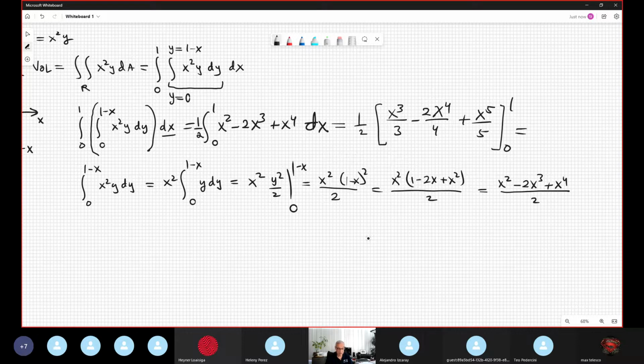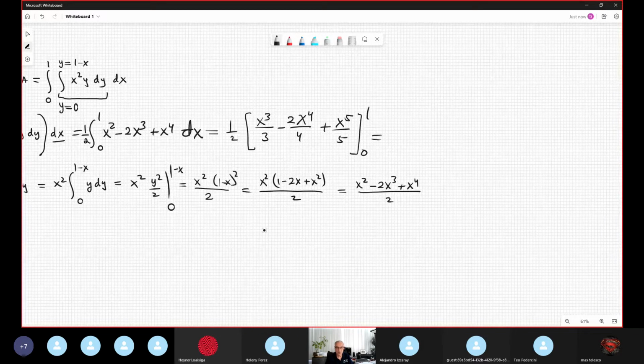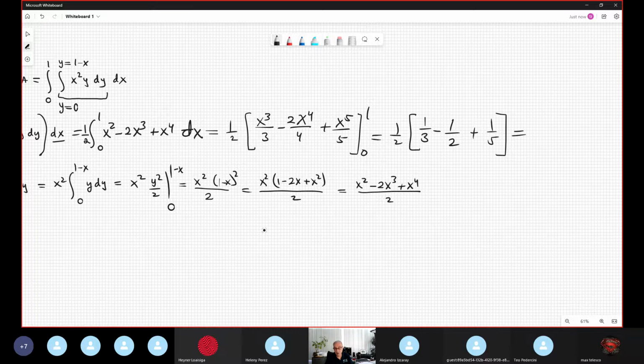I'm plugging in, and 0 is 0. And 1 is 1/3 minus, in this case, 2 over 4, which is 1/2, plus 1/5. And we combine that fraction divided by 2, so the result is 1 over 60.